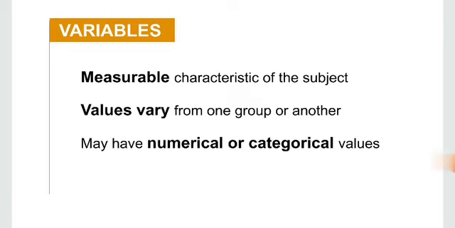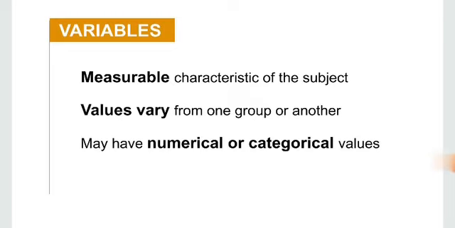So variable, vary, the value can vary from one group or another. So in terms of people, we can categorize them into two, di ba? Two values or two categories, whether male or female. In terms of that plant growth study na sinasabi natin kanina, halimbawa yung group A, artificial light, group B, natural sunlight.